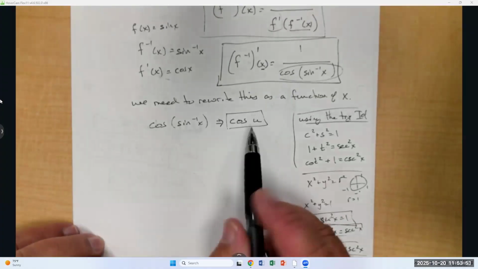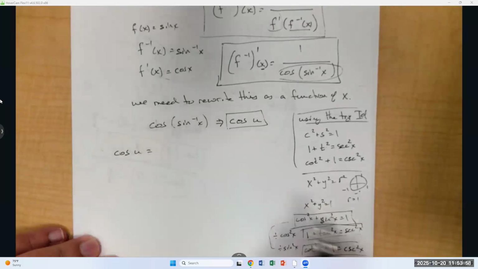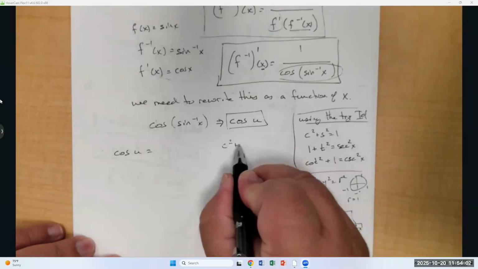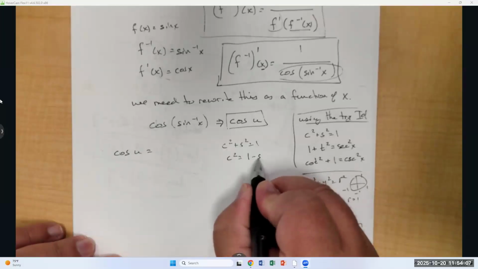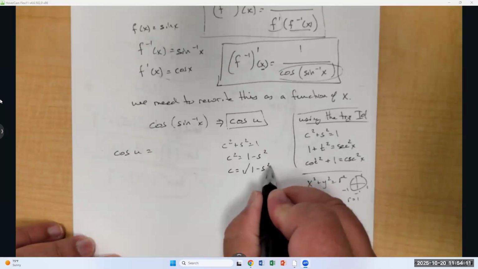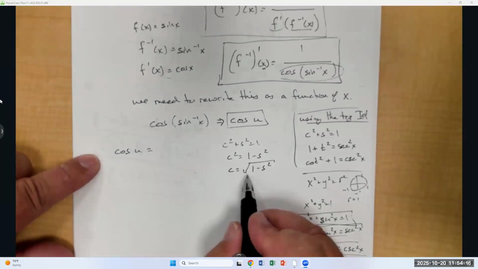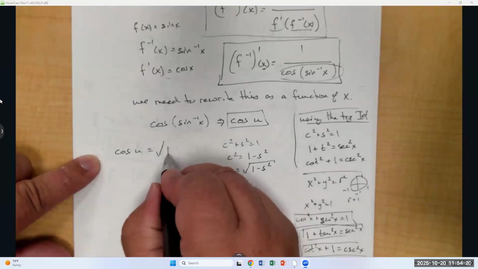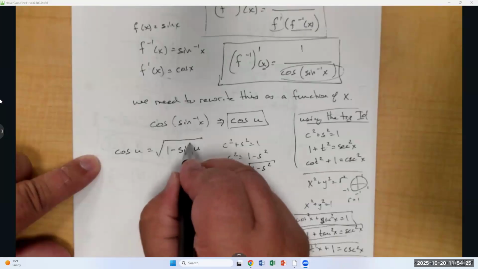Since we have cosine u, we can use cosine squared plus sine squared equals 1. Cosine squared is 1 minus sine squared. Cosine is the square root of 1 minus sine squared. So cosine u can be rewritten as the square root of 1 minus sine squared u.